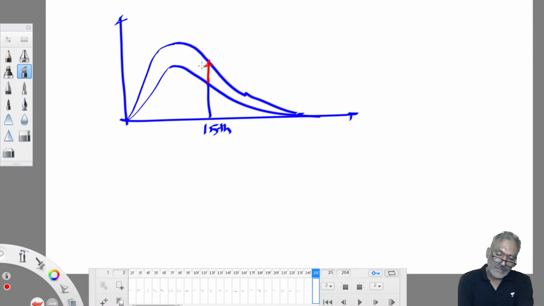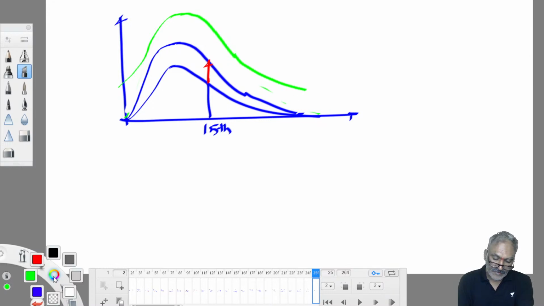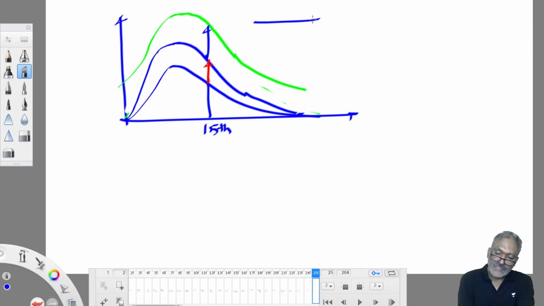Then you can find the ordinate of the flood hydrograph at the 15th hour. If you add base flow, you will get that. This is flood discharge at the 15th hour time interval.